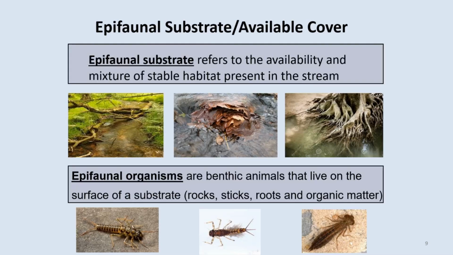The first question on the data sheet is asking about epifaunal substrate or available cover. It refers to the stable habitat that's present in the stream where macroinvertebrates can live, such as rocks, sticks, roots, and organic matter.